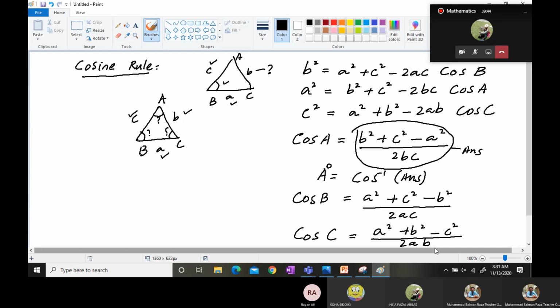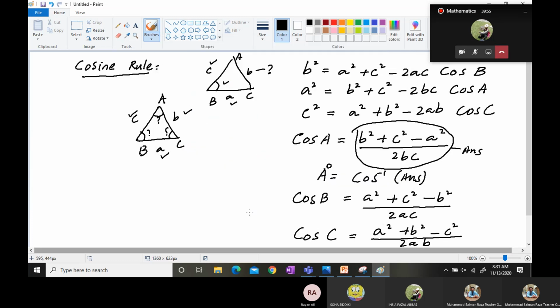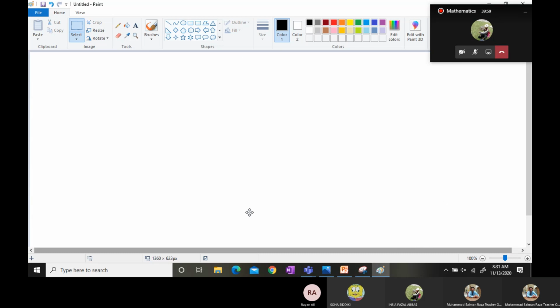Now, soon after the cosine rule, we study the concept of bearings.